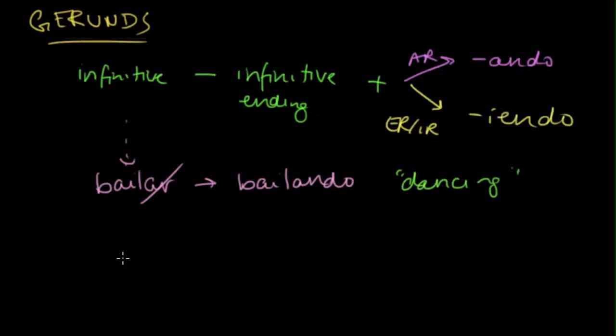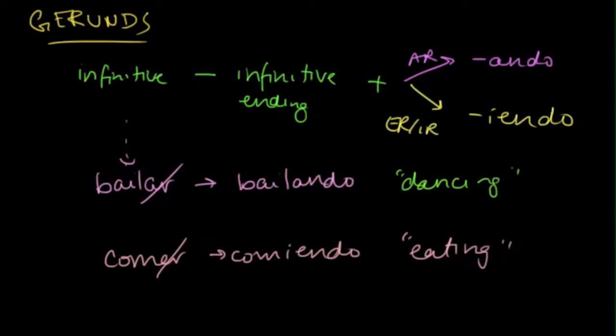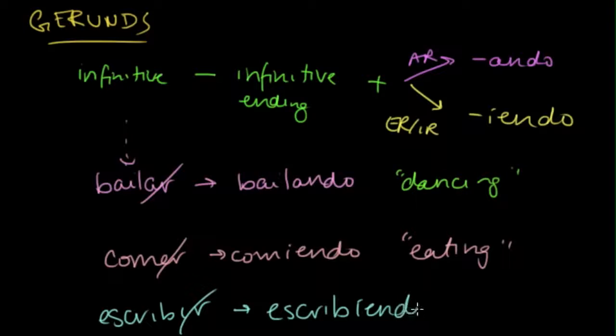Next we'll look at an ER verb, comer. We have our infinitive, drop the infinitive ending, so we're left with our stem. And then we're going to add our gerund ending, yendo. Comiendo, eating. And finally we'll look at an IR verb, escribir. We drop our infinitive ending, are left with our stem, and add yendo, because it's an IR verb.